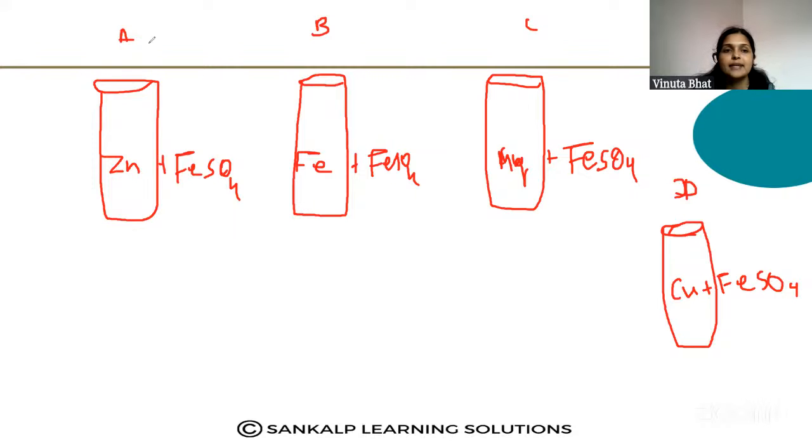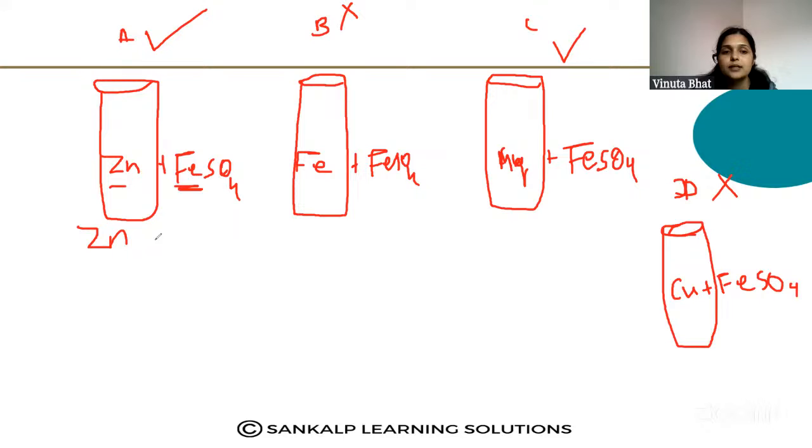So here I will say in test tube A and test tube C, the chemical reaction takes place, because in B and D, no reaction takes place. Why does the chemical reaction take place in test tubes A and C? What is the reason behind this? Here, zinc, which has more reactivity than iron, is able to displace the iron.